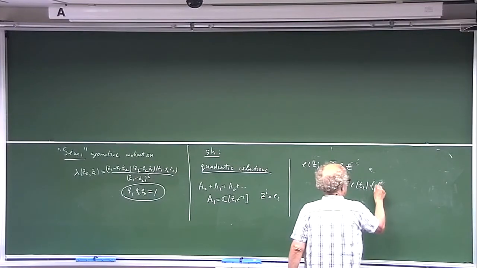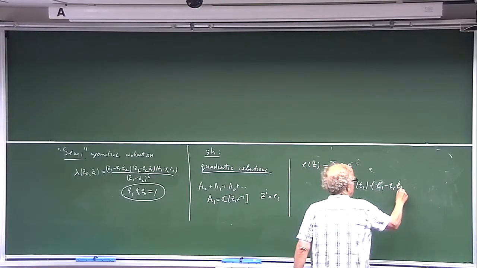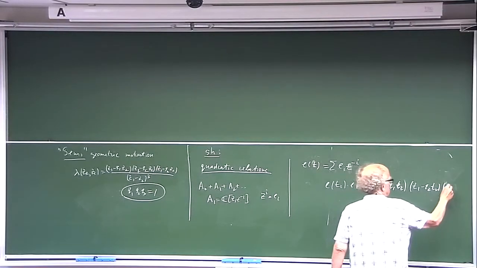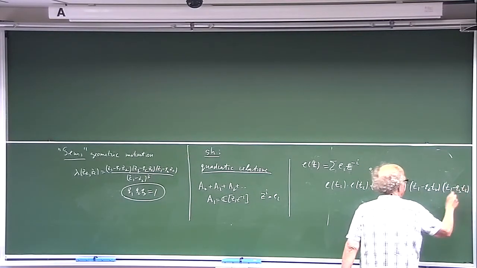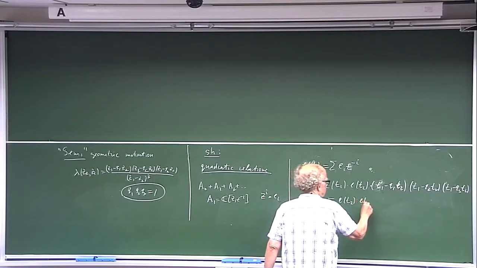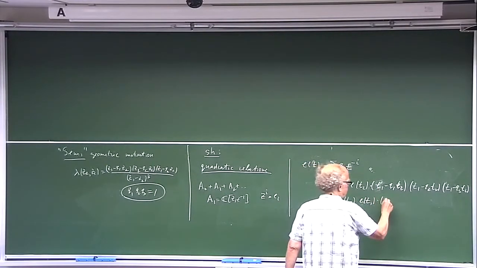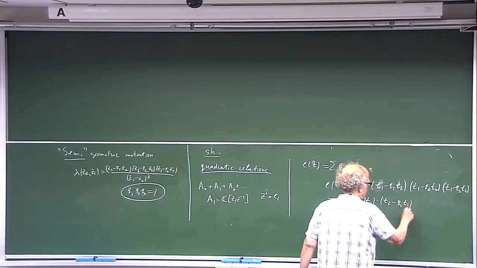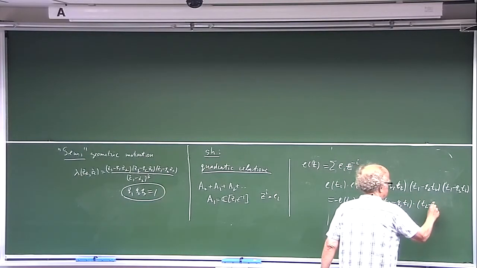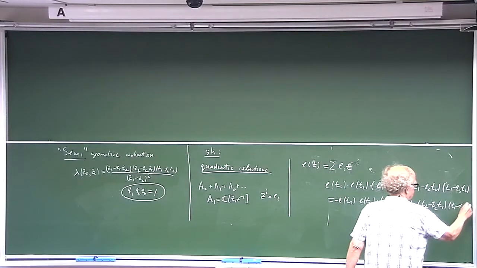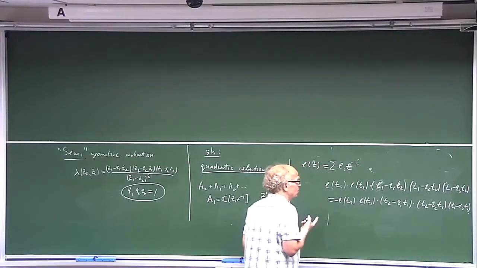There may be some mistake, but it is T1 minus T2, T1 minus Q3 T2, and this is equal to the opposite: E(t2) times E(t1), with T2 minus T1, T2 minus Q3 T1. It is a quadratic relation looking like this.